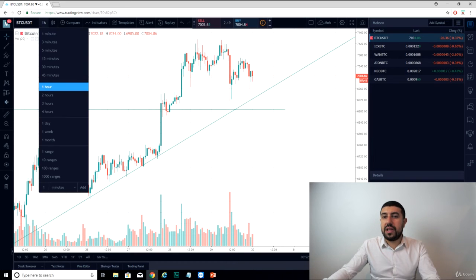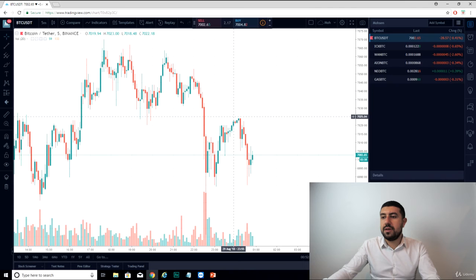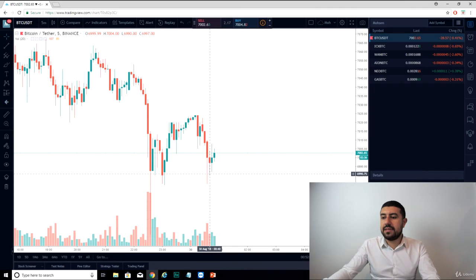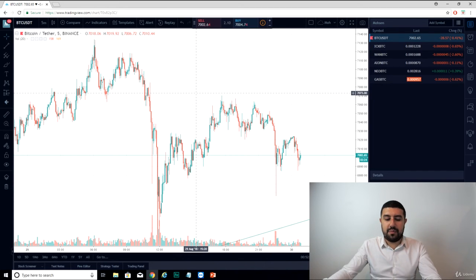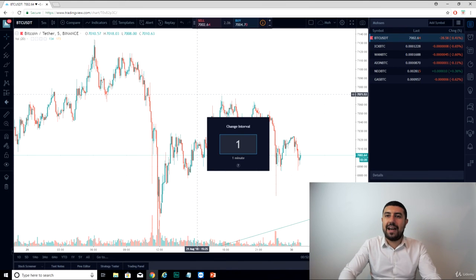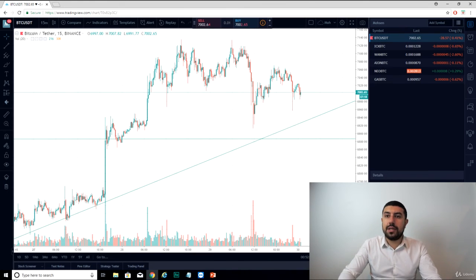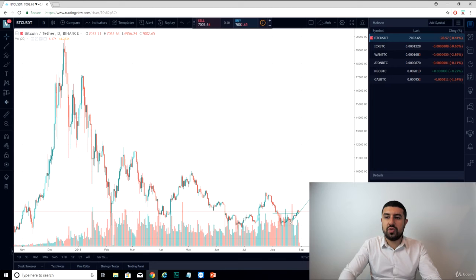I can do it differently. I can say I want 5-minute candles. So now I have a candle at midnight and 40, midnight and 45, midnight 50. Each 5 minutes is a candle. So again, it depends what time frame you're trading. If you're short-term trading, I have my traders who look at 5 minutes and 15 minutes, but if you're doing swing or longer term, you look at the daily chart, so 1 day.